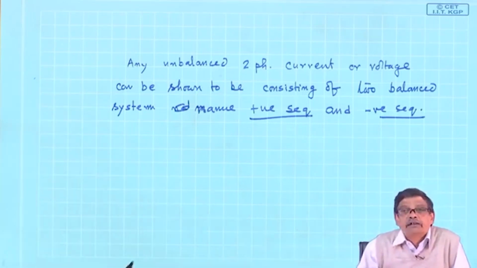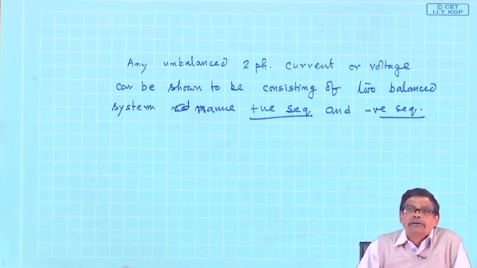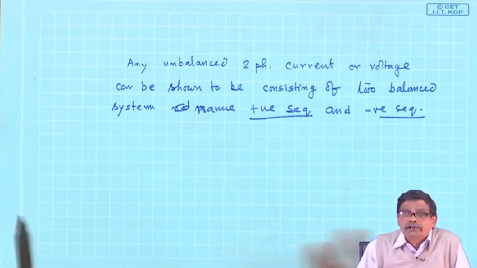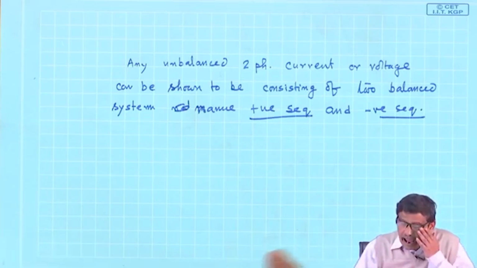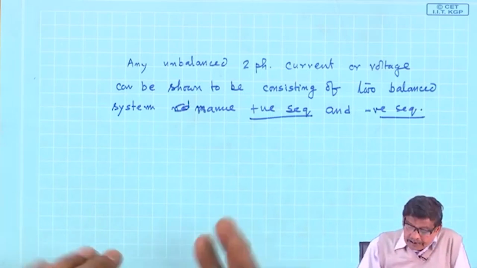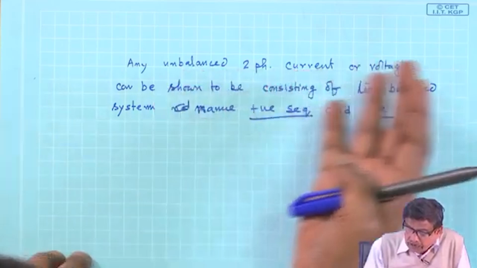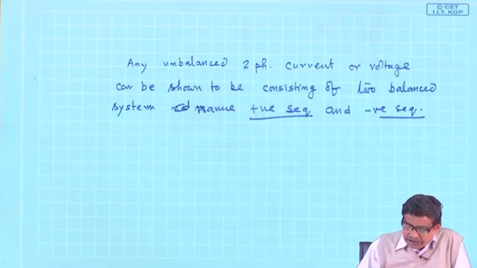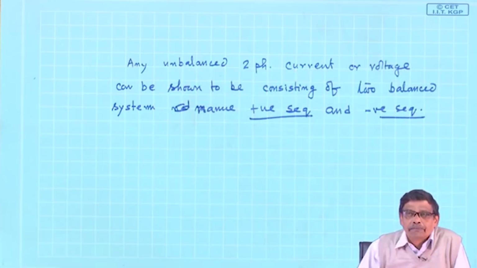I will find out the current for that, and there will be a zero sequence where they will be all co-phasal, and for that also I will find out the currents in the impedances and add them up to tell you what will be the resultant current. In case of an unbalanced two phase system current or voltage, there is no zero sequence.